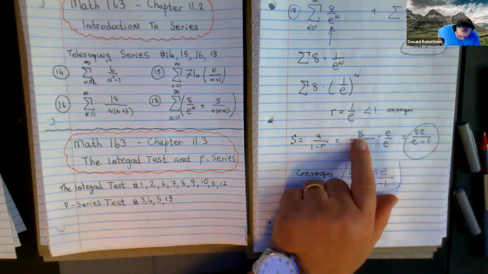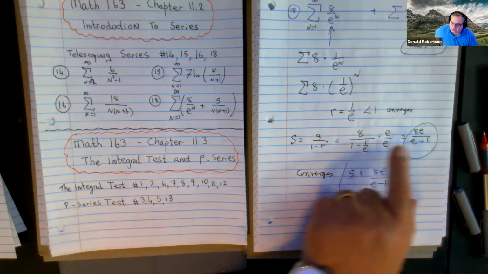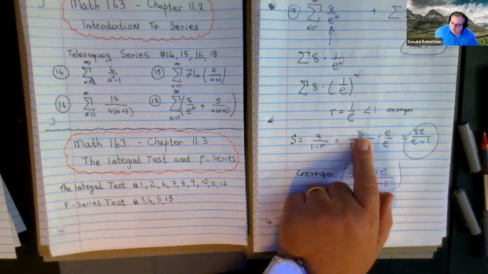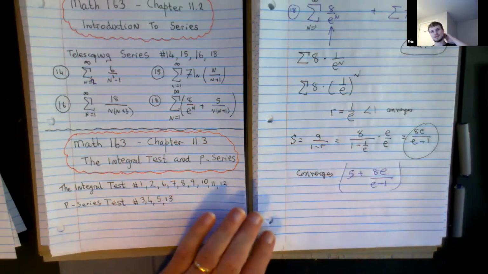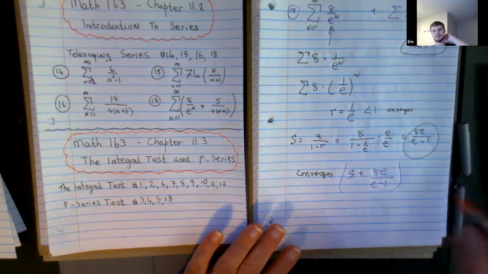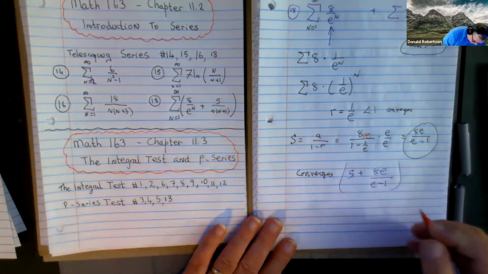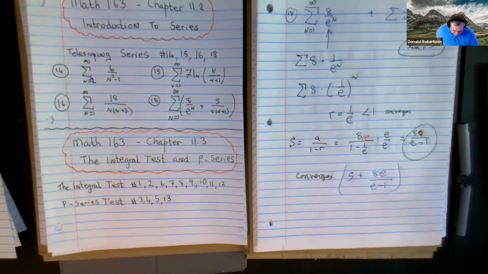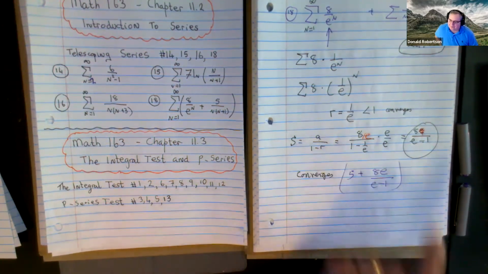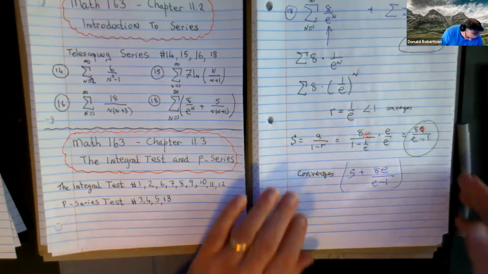Are you happy about A being 8 before I do the bit that comes after? No, because I thought that if you plug in n equals 1, then that's what A should be. Okay, there we go. 8 over E. Okay. Now you get 8.